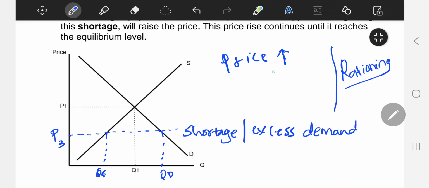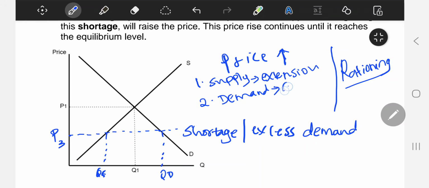So the price will increase, and therefore supply is going to experience an extension, remember that from the supply video, and demand is going to experience a contraction, and then we go back to the equilibrium. That's what happens when we have a shortage or a surplus, excess supply.